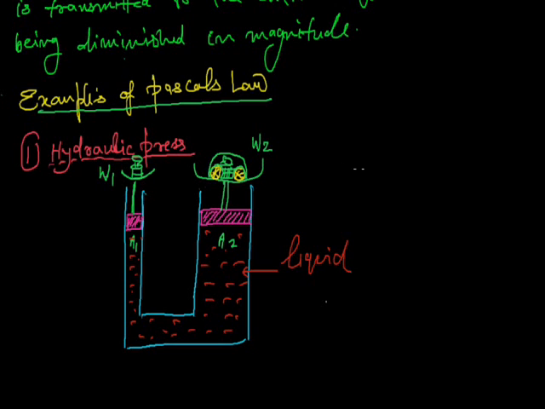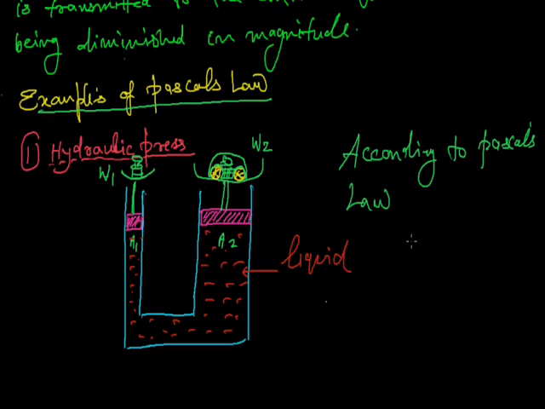Then according to Pascal's law, the pressure applied at the arm A1, W1 upon A1, will be equal to W2 upon A2, because it is transferred as it is throughout the volume at each and every point of the liquid.